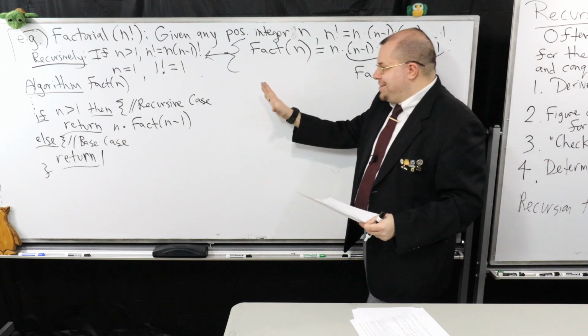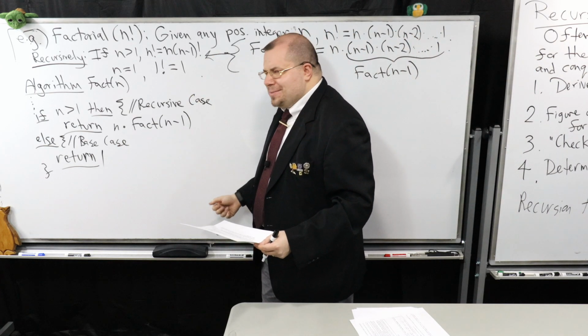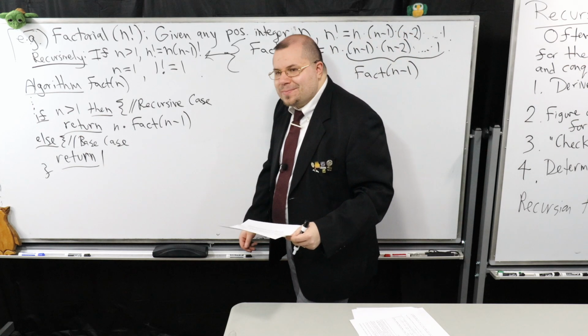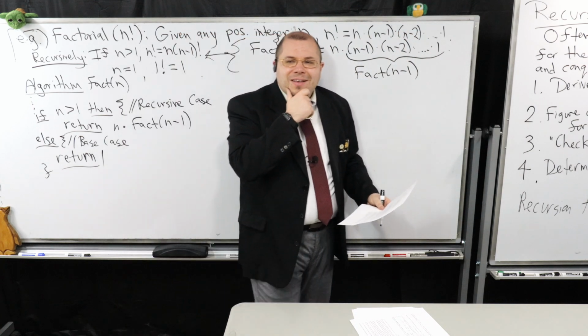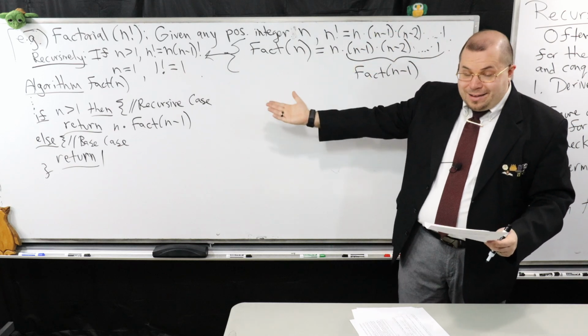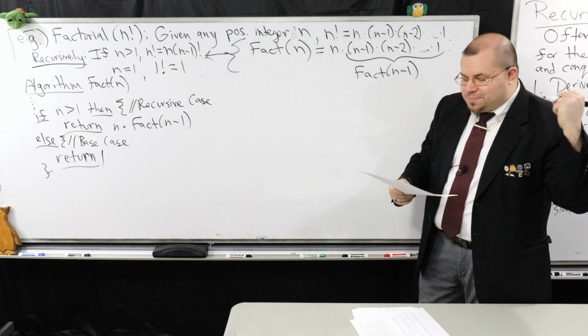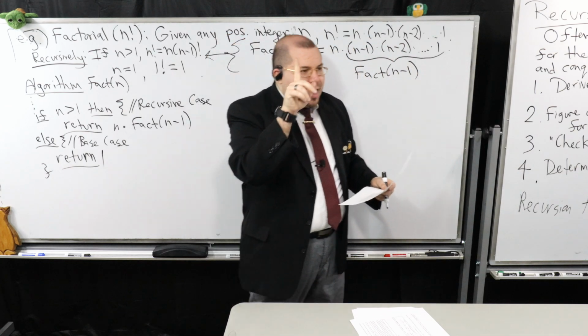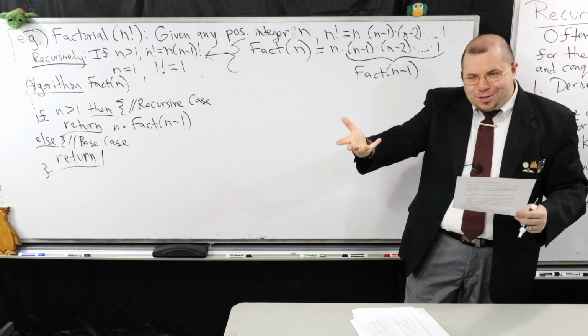Are there any questions or anything that is unclear about factorial? So why don't we analyze it? And we'll walk through this process here. Remember, when I formulate the recurrence relation, I'm going to first ignore the recursion.